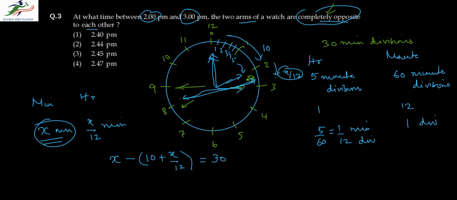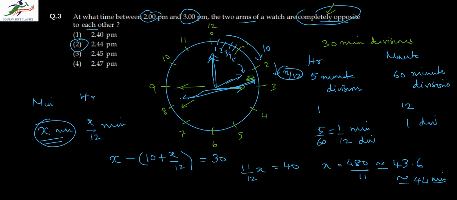So now we solve for x, which means 11 by 12 x is equal to 40, and therefore x is equal to 40 into 12, which is 480 by 11, which is equal to 43.6 or roughly 44 minutes. And we can see in option 2 it is given as 2:44 p.m., which is the correct option.